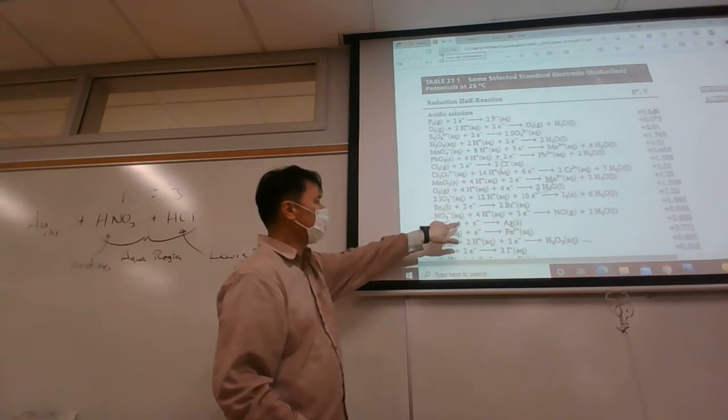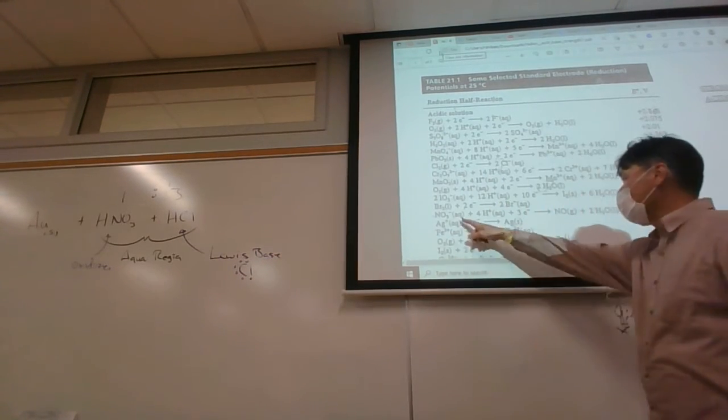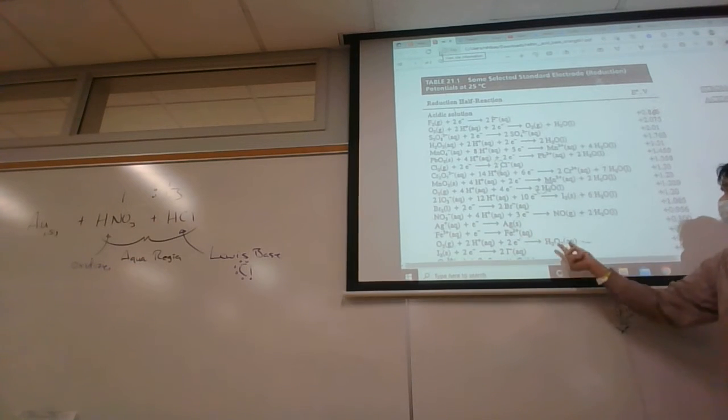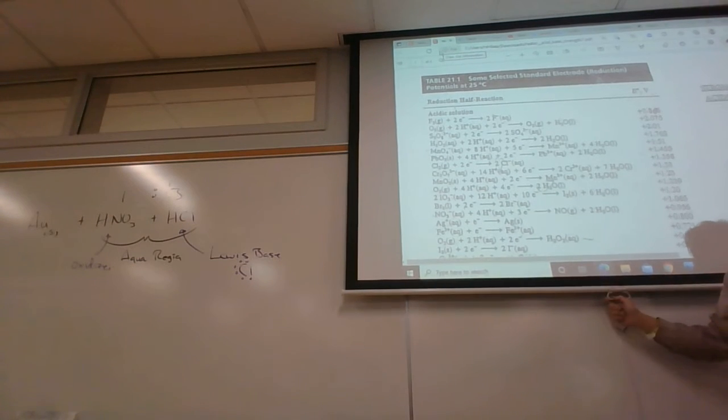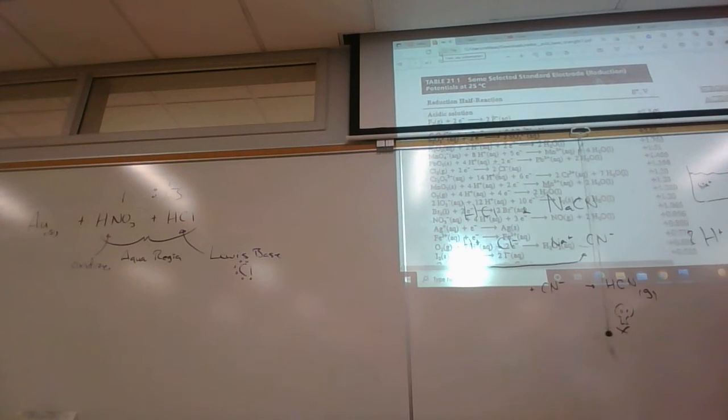What I'm going to do is copy these reactions off the chart here. For nitric acid, we have nitrate plus 4H+ plus 3 electrons goes to NO plus 2H2O. For gold, we're going to go from gold to gold-3. I'm going to put those two together and see what we get.